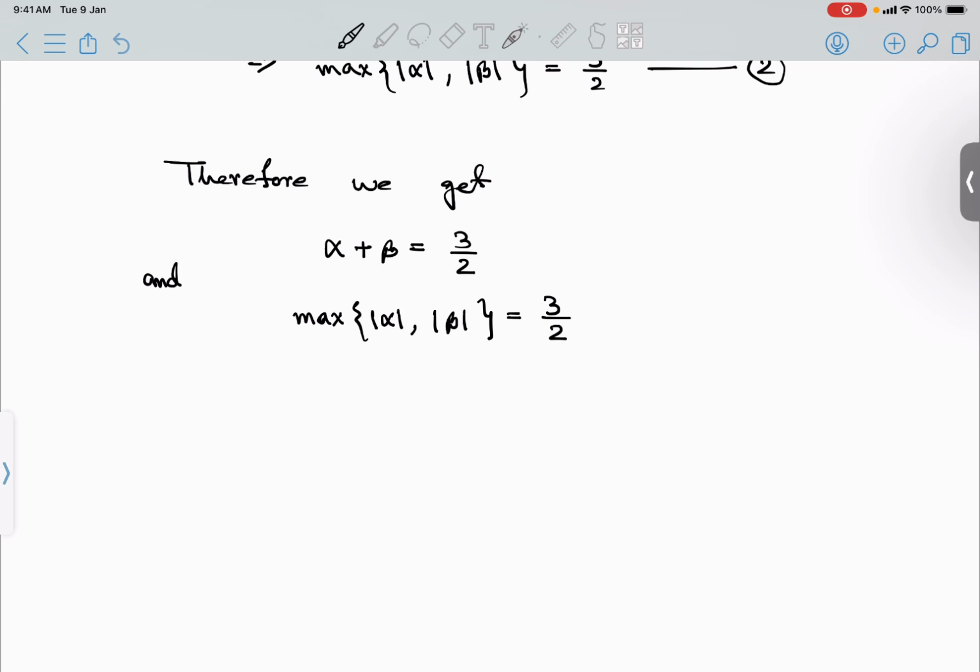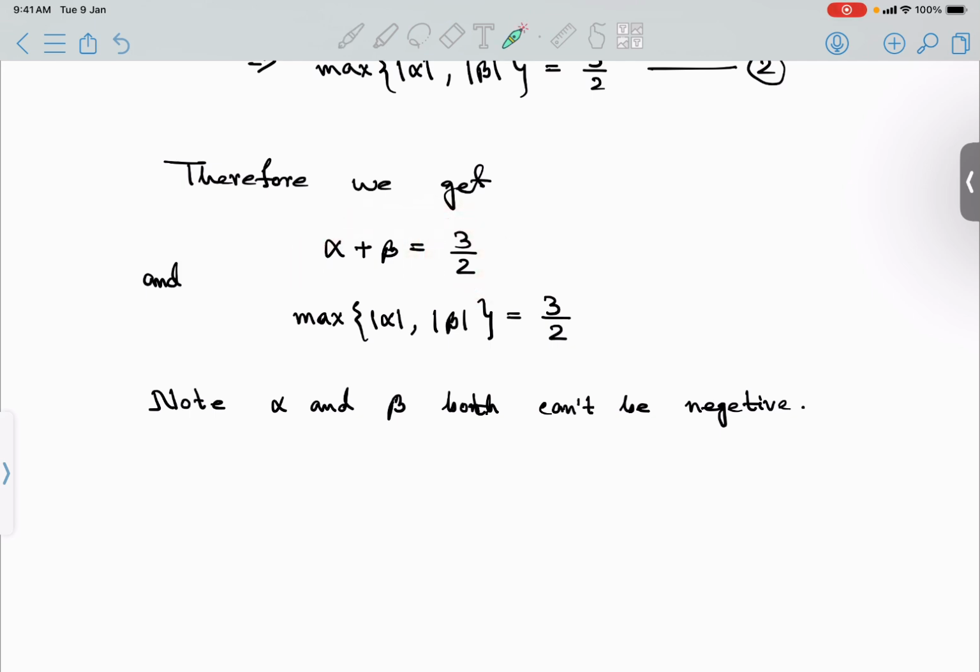So note, can alpha and beta both be negative? Alpha and beta both can't be negative. If both are negative, then the sum will be negative, so it will not satisfy the first one.